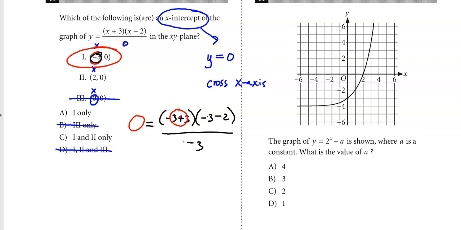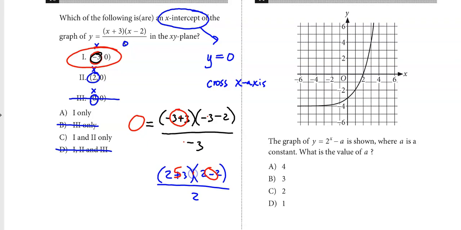Same thing's going to happen if I plug 2 in. If you plug 2 in for x, I'm going to get these first parentheses here. I'm going to get 2 plus 3. And here I'm going to get 2 minus 2. And on the bottom I'll have 2. Again, 2 plus 3 is going to give me 5, which doesn't really matter because 2 minus 2 gives me 0.